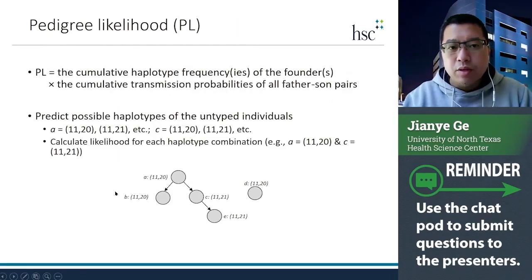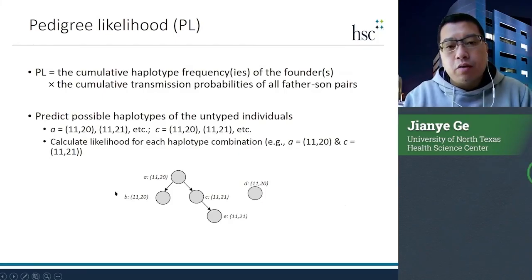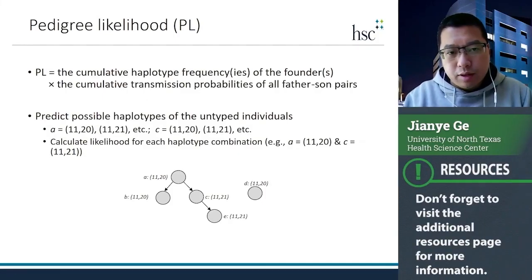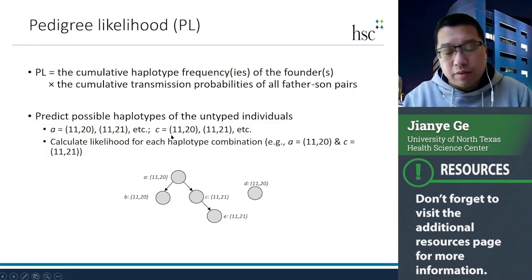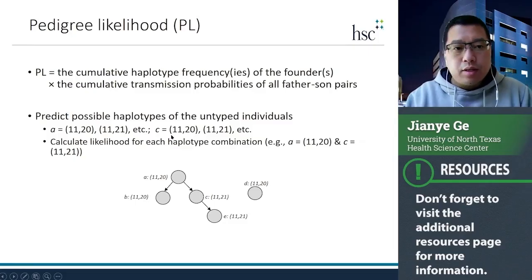Then we need to guess the possible haplotypes of those missing persons. Let's say in this particular example, A could be 1120 or 1121. C could also have the same haplotypes, and we need to calculate the likelihood for each haplotype combination. And there could be many possible combinations.